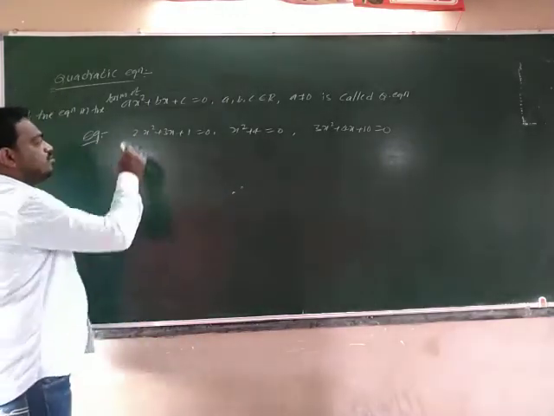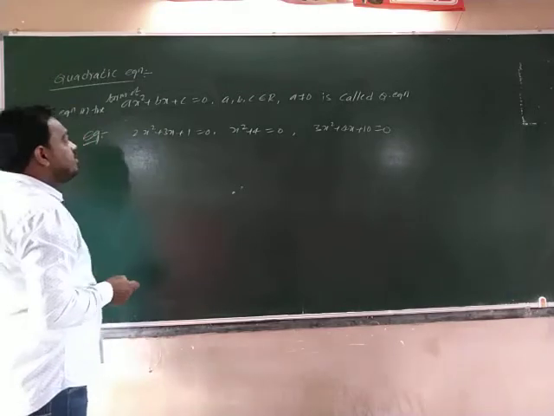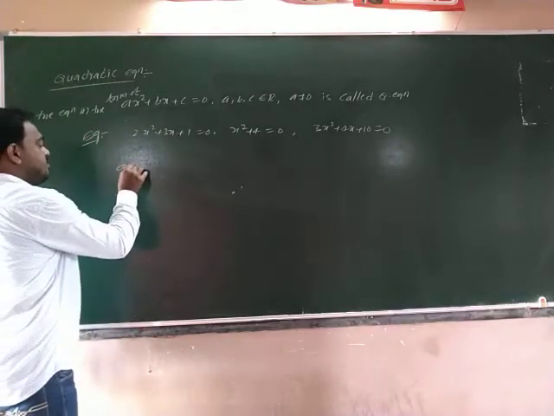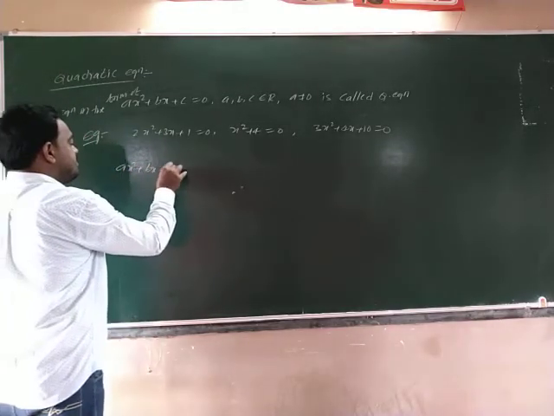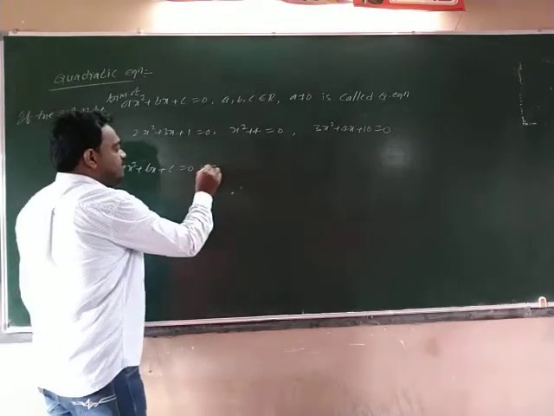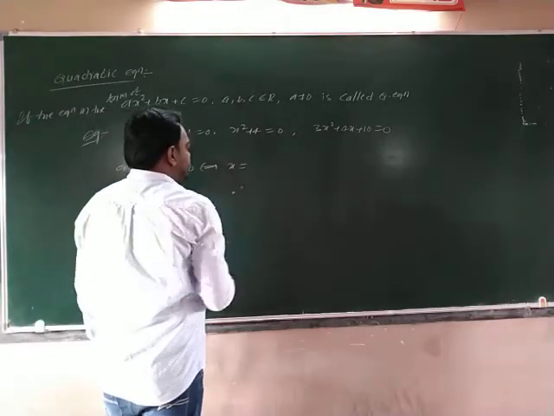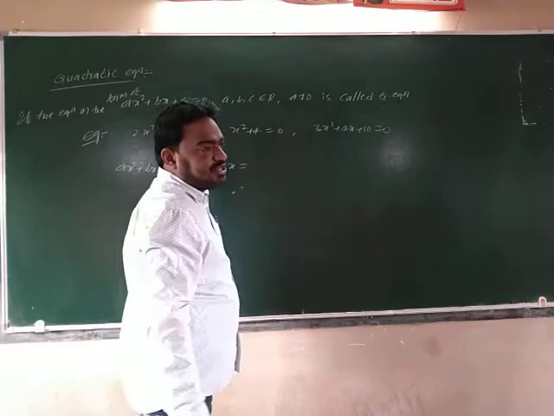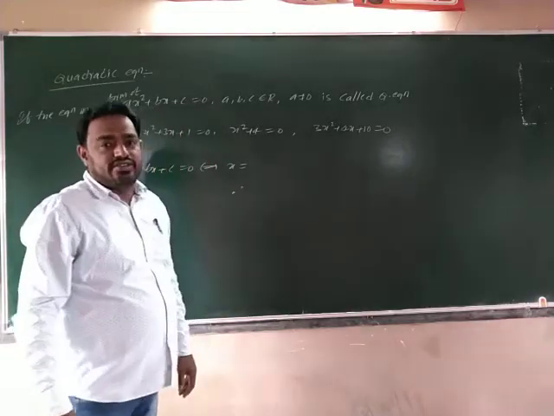Right? Now the roots of the quadratic equation ax square plus bx plus c equal to 0. The roots are the values which satisfy the quadratic equation.